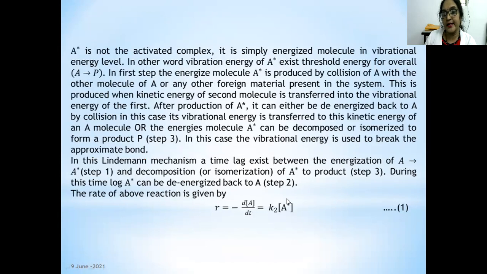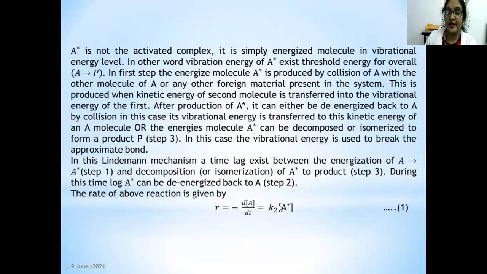But here A star is the energized species. We cannot know its value because it is formed meanwhile in the reaction mixture; it is not the starting material or the final material. So how can we find out the concentration of A star to find the rate?